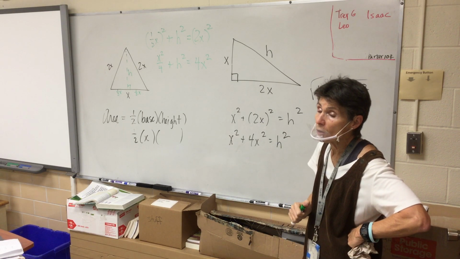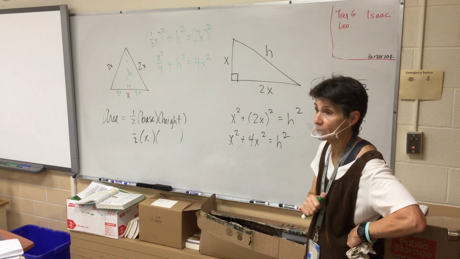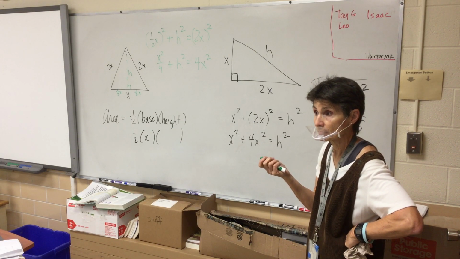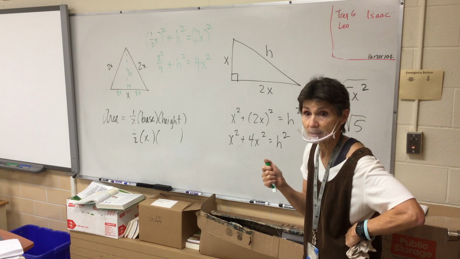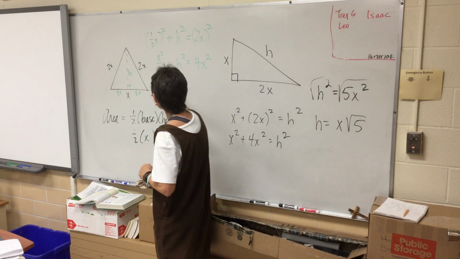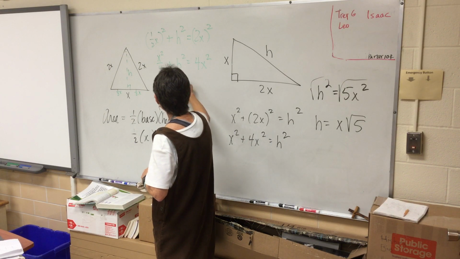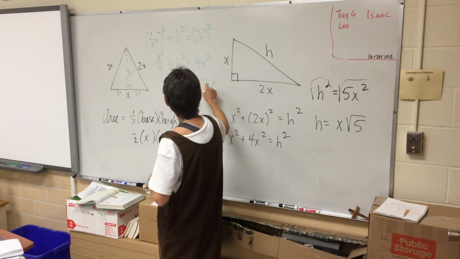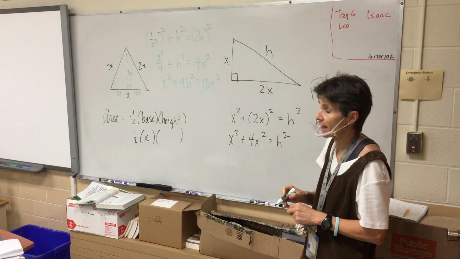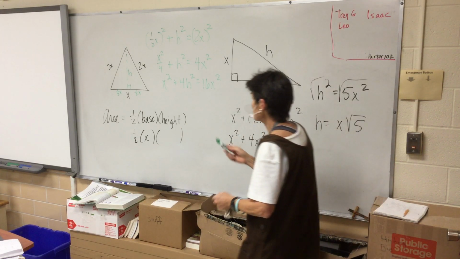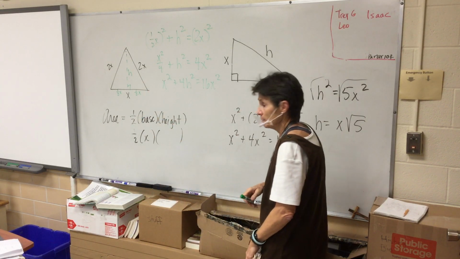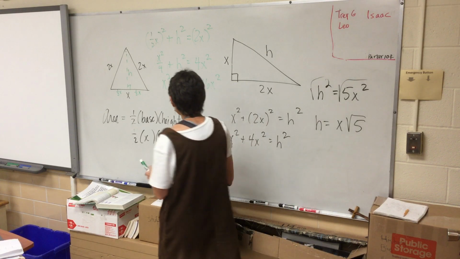Now, if you don't like dealing with the fraction, what could you do? Multiply everything by 4. If that makes it easier for you, it makes no difference, kids. You don't have to do that, but sometimes when we mix fractions and variables, people get confused.